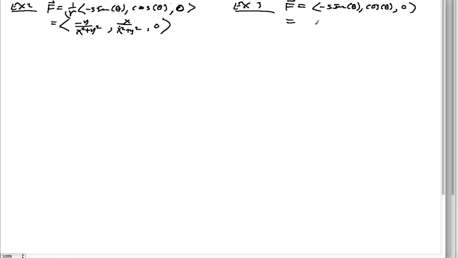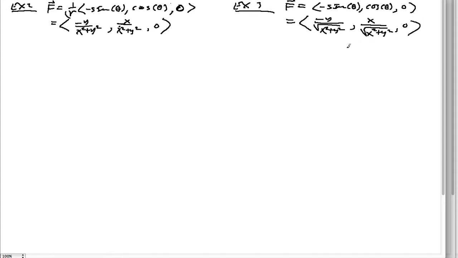And we can write this as negative y over root x squared plus y squared, comma, x over root x squared plus y squared, comma 0.